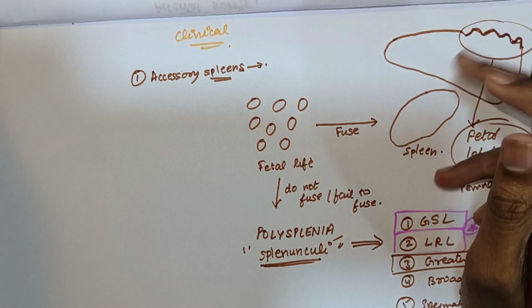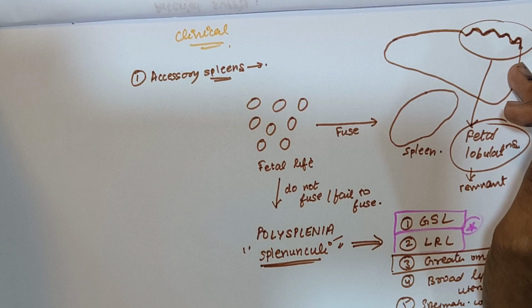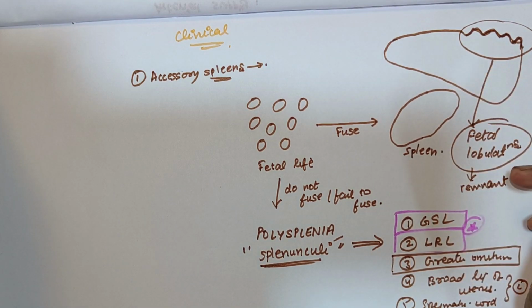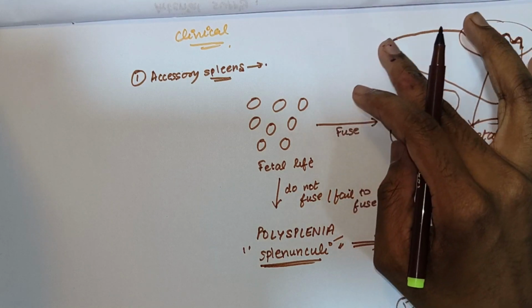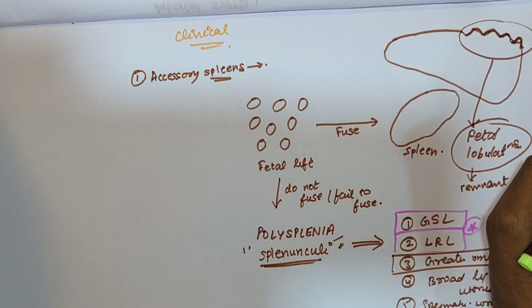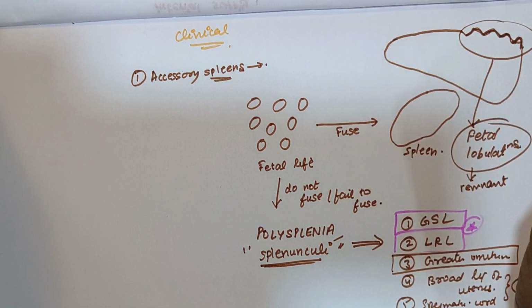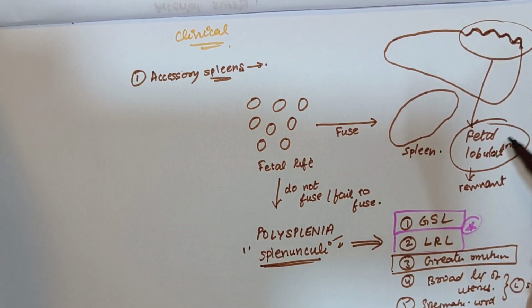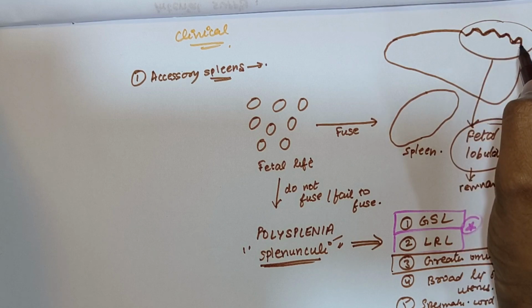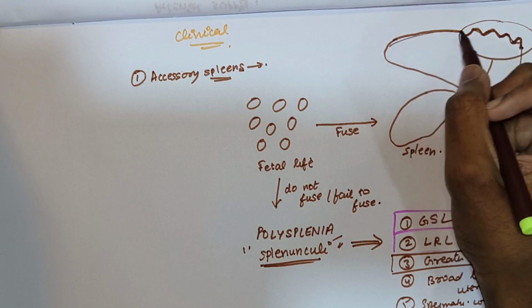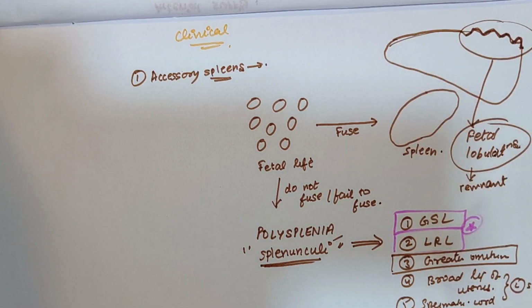So it also acts as a very important mark for you to identify the anterior part of the spleen. Once you identify the superior border of the spleen because it is notched, now if you want to identify which is the anterior part of the superior border, you should understand that the fetal lobulations are present on the anterior part. So this is a way you can identify the side of the spleen also.